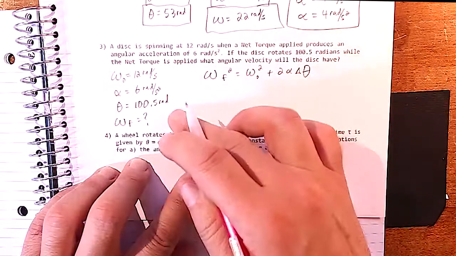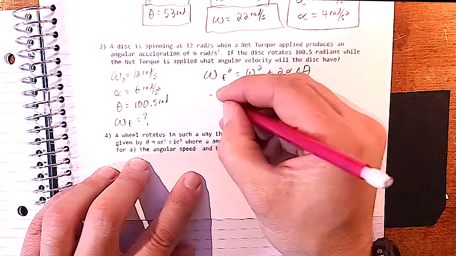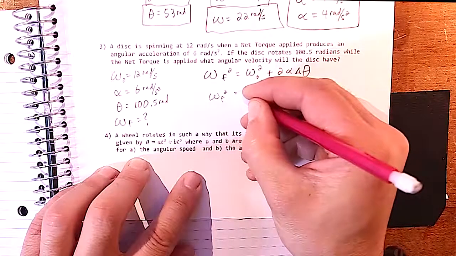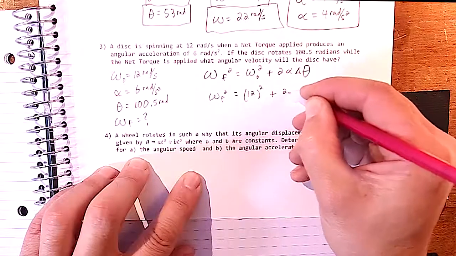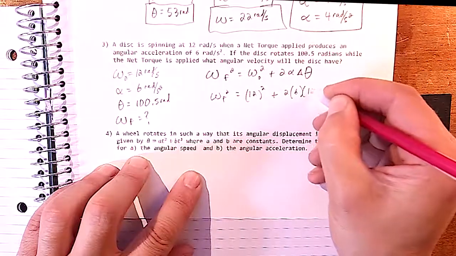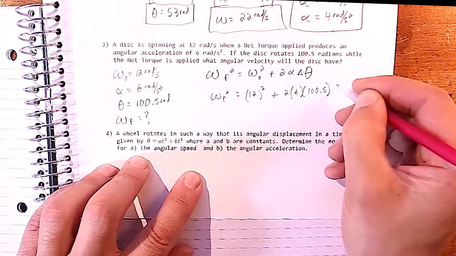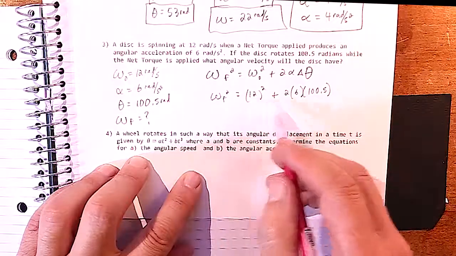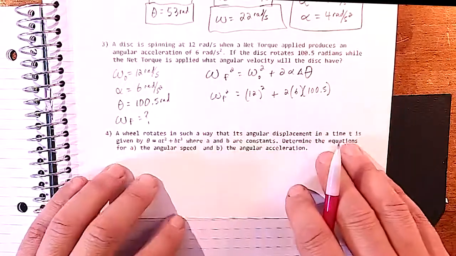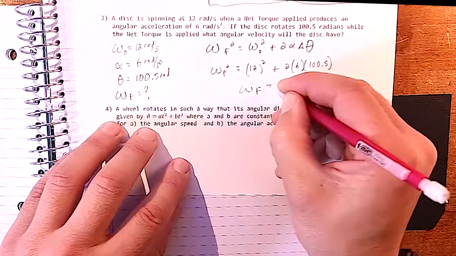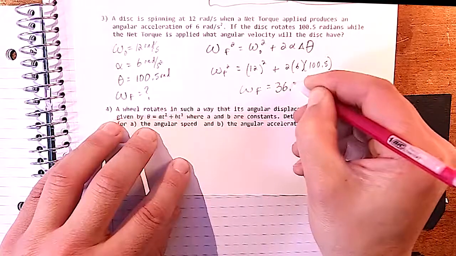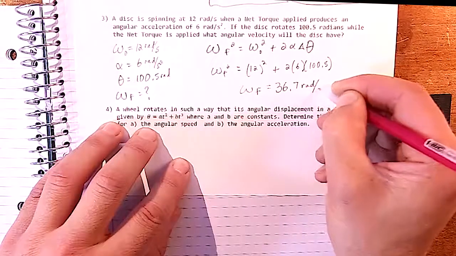Because we don't have time in here, so we're going to have to use this formula. So that gives us omega final squared equals 12 squared plus 2 times 6 times 100.5. And when we add these together and take the square root of both sides, we end up with omega final is equal to 36.7 radians per second.